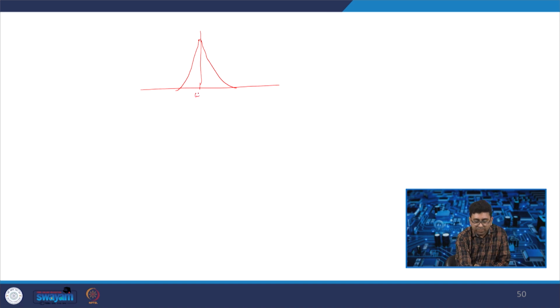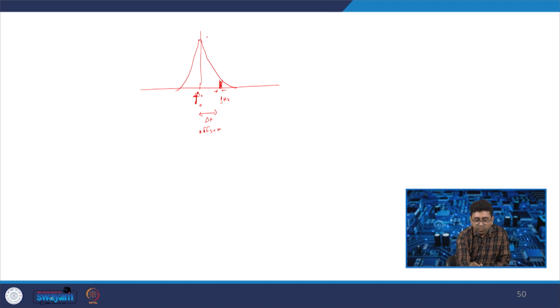This is the omega naught frequency, or let us say we write f naught because it is frequency, and after a certain point delta f, that is called the offset frequency. You have a certain amplitude in 1 hertz. So, the bandwidth of this is 1 hertz.